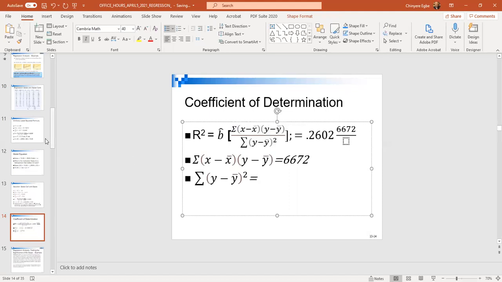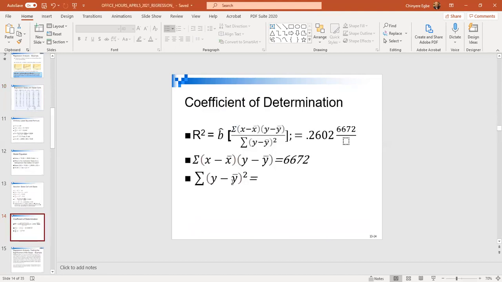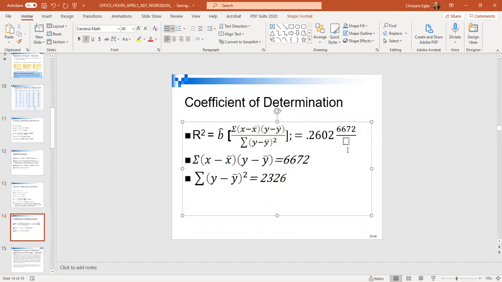The 2238? The 2326. So 2326 goes in the denominator.